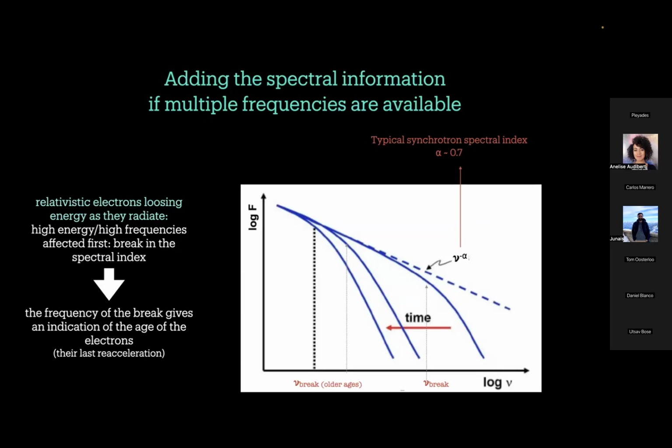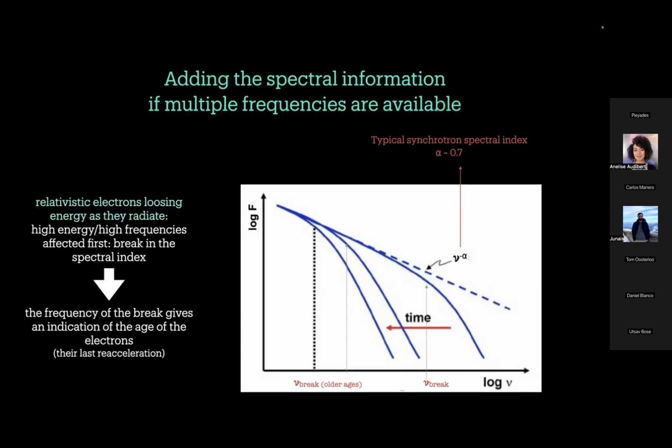So the older the electrons are, the more energy they have lost, and the more this break moves to the lower frequency. The lower frequencies are the ones that stay a power law of 0.7 for longer, and then it gets steeper and steeper. So this is cool, because it gives you some age. That is always one of the complicated things to find in astronomy, the age of something.